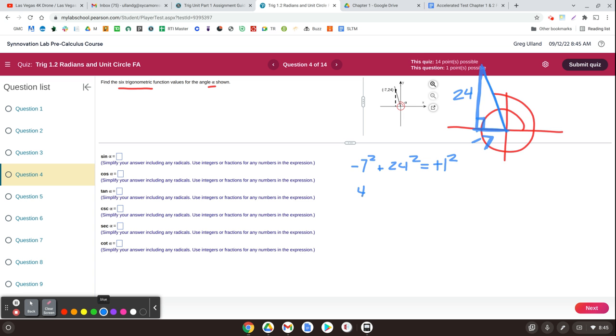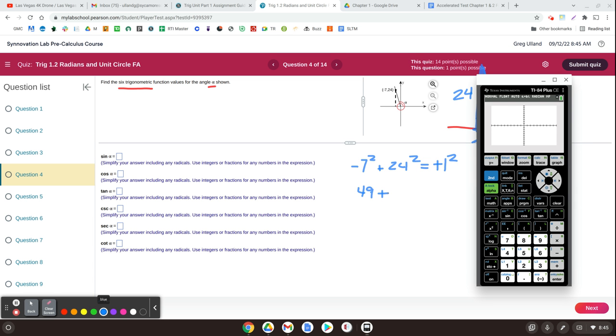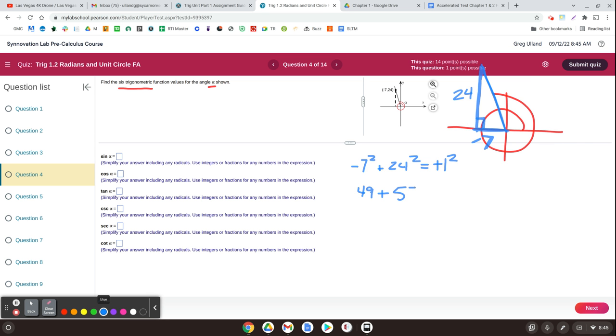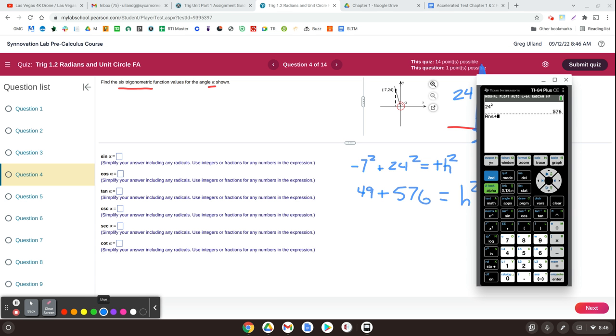So 49 plus, I should know this. First of all, I think the answer to this question is 25. Isn't this a Pythagorean triple? 7, 24, 25 plus 24 squared equals h squared. Okay, 576 plus 49 is 585?